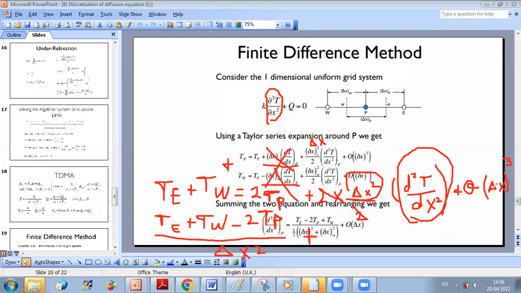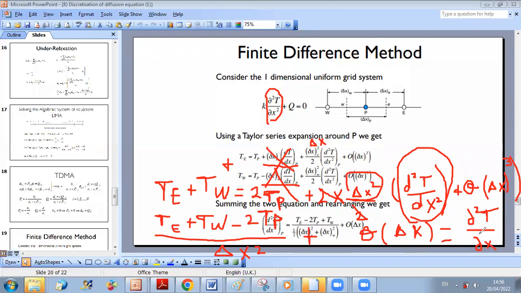Now pay attention here: the error here is of order delta x cubed, but because you will divide by delta x square, the error you will obtain will be of order of delta x, equals to the second derivative of T with respect to x at P.